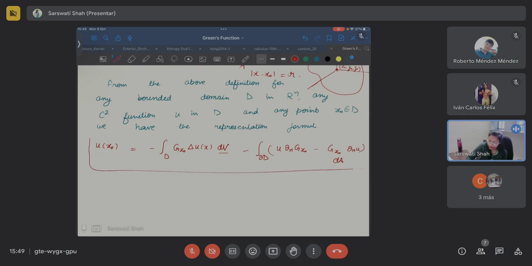So this is the Green's representation of the solution of a Laplacian equation.